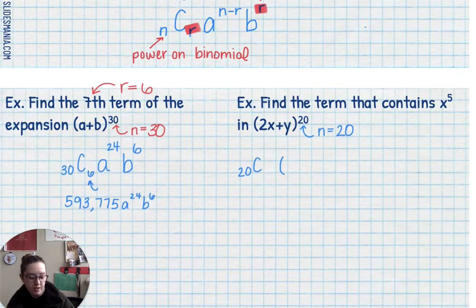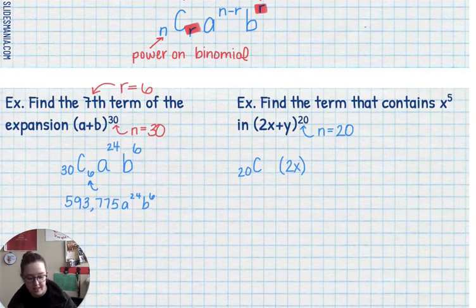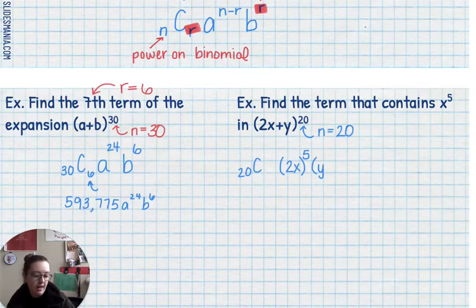We're going to have 2x here to some power. Now, it says that we want x to the 5th, so we want to take 2x to the 5th power. So then when we look at y, we know that these two powers, what's on 2x and what's on y, are supposed to add up to that power of 20. So 20 minus 5 is 15. So y is going to be taken to the 15th power.